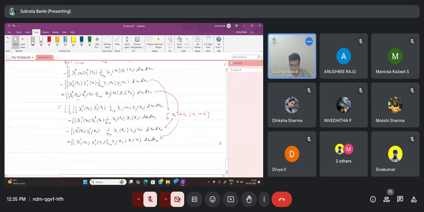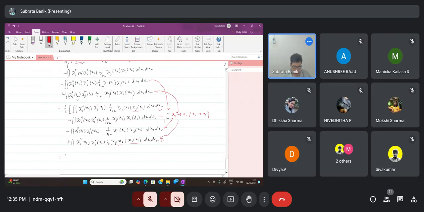Now you see the first term and the fourth term, they're exactly the same. I have chi i star x1, chi j star x2, 1 upon r12, chi i x1, chi j x2. So this and this are exactly the same. Similarly, this and this are also the same.